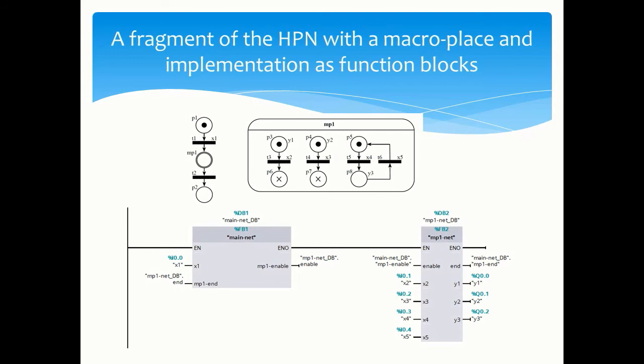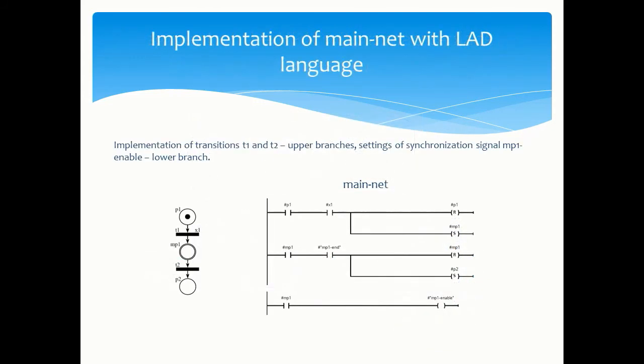Figures show an implementation of particular elements of the basic network, implementation of both transitions, T1 upper branch and T2 lower branch. It is worth noting that the condition for the execution of the T2 transition is that the subnetwork associated with the macro place MP1 reaches all its end places, which will be signaled by the MP1 end signal, so this signal was used as a condition for performing the T2 transition.